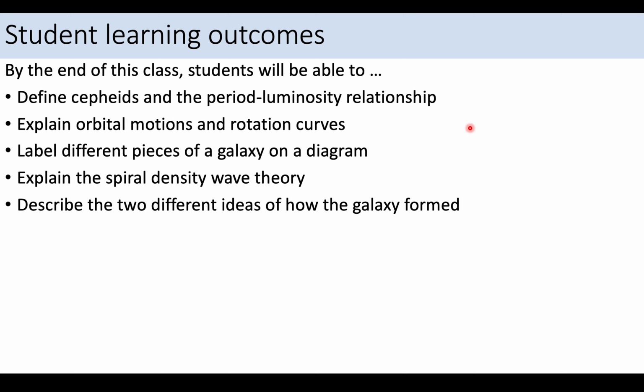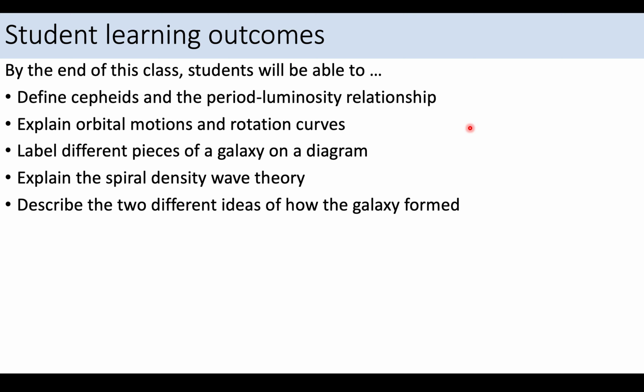Today, we're going to talk about the Milky Way, our galaxy. We're going to talk about period and luminosity relationships. That's your first assignment, your lecture assignment. Also going to look at orbital motion within our galaxy and other galaxies, and rotation curves. So you're going to be able to read graphs of rotation curves.